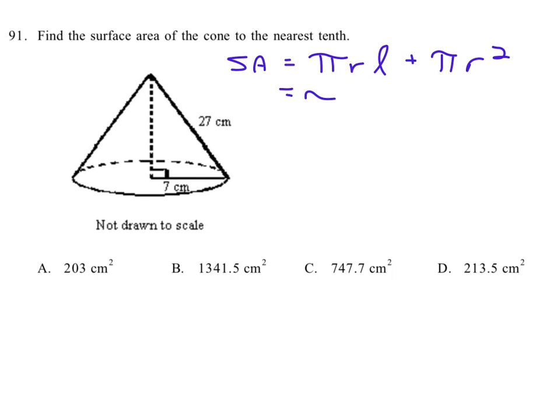So if I plug in all the numbers that I know, say pi times the radius of 7, the slant height of 27, plus pi times the radius of 7 squared. Okay? So I will calculate all this out.